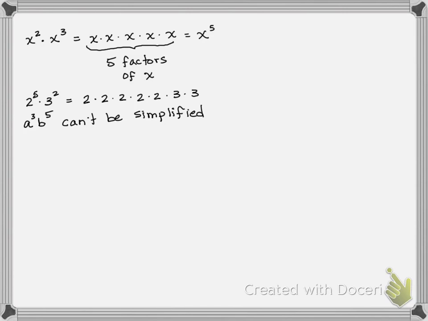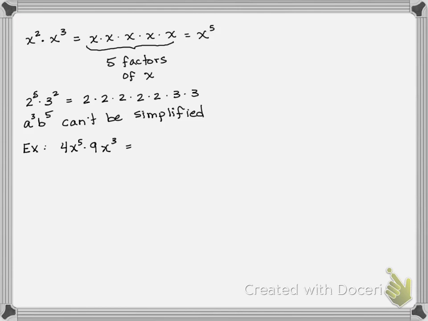Let's see. If I have 4x to the 5th times 9x to the 3rd. So notice that the only operation going on here is multiplication.